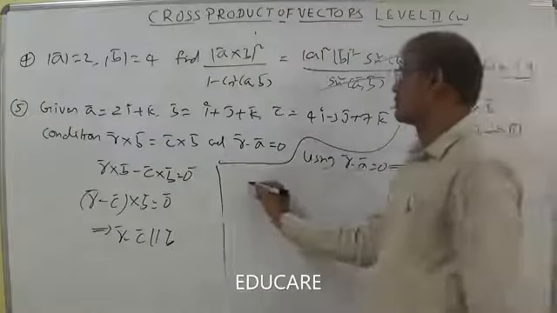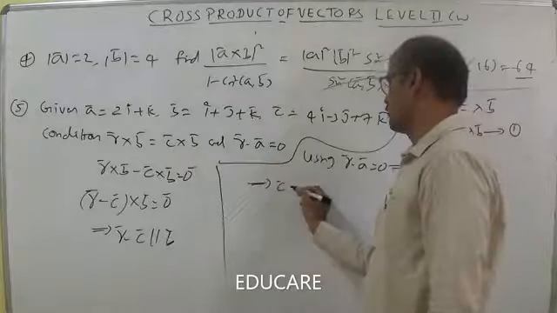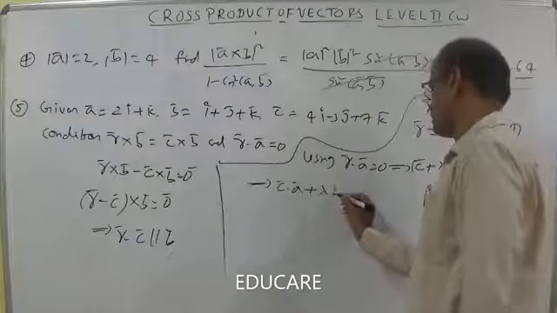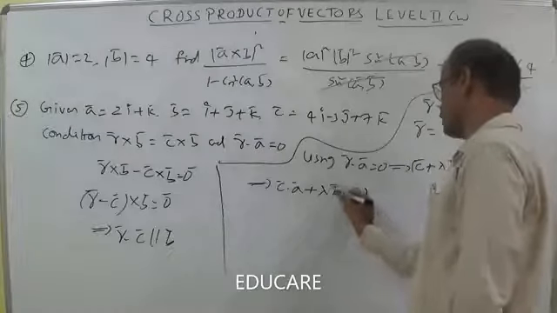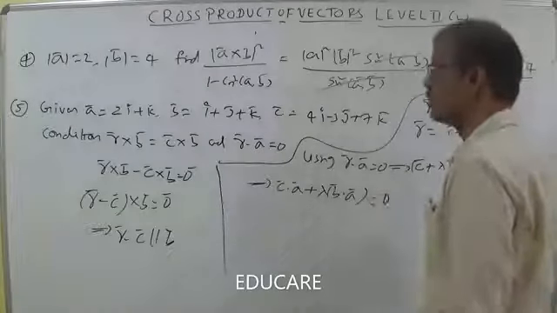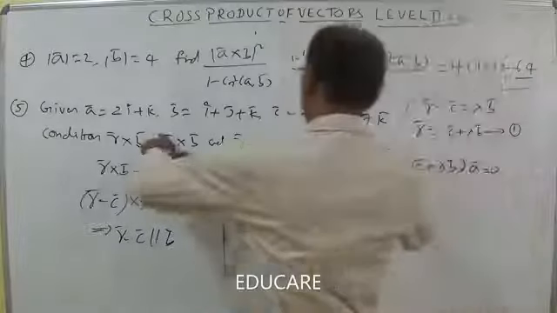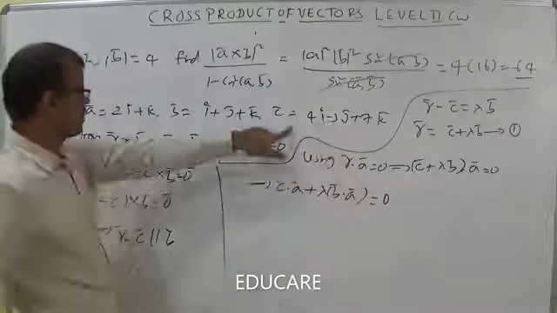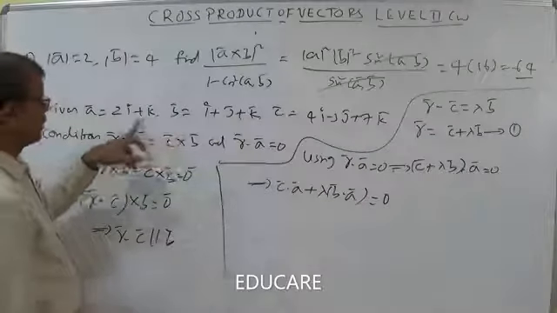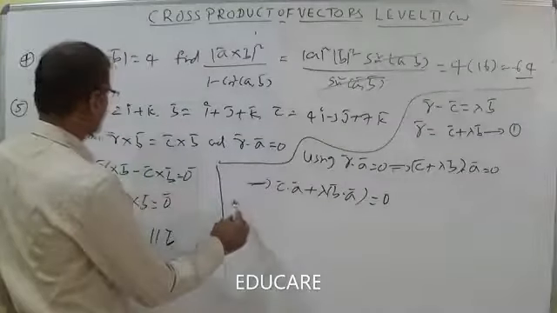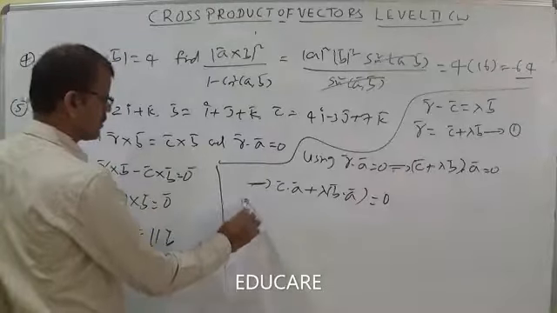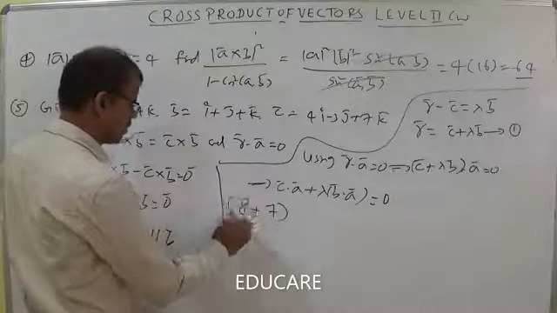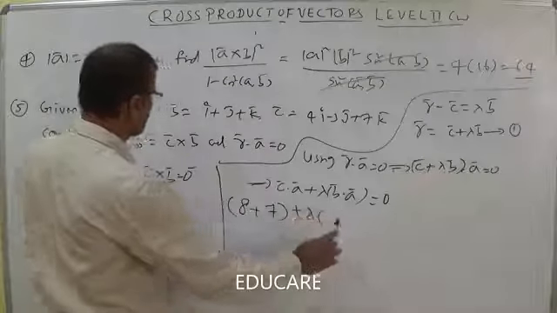That implies c bar dot a bar plus lambda into b bar dot a bar equal to 0. What is c bar dot a bar? We can multiply these two vectors. C dot a means 2 fours are 8, minus j no need, and 7 here. 2 fours are 8. C bar dot a bar, I am writing 8 plus 7, this is 15, plus lambda into b bar dot a bar.